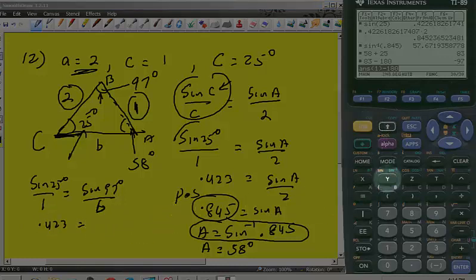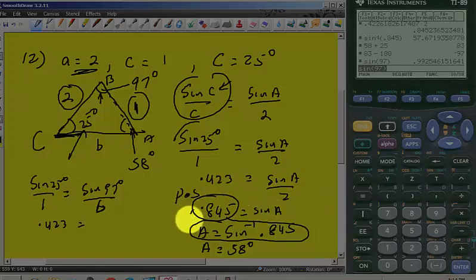So let's go find sine of 97 degrees, and that turns out to be 0.993. 0.993 is to B. And of course B, we're just going to cross multiply.